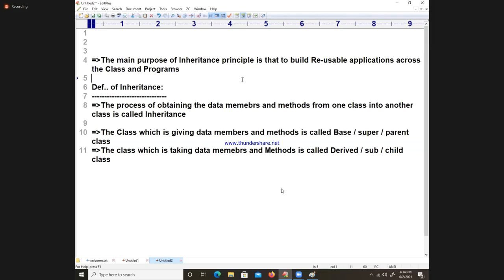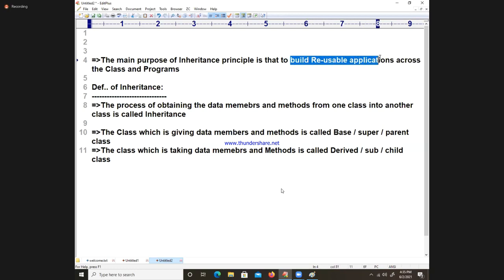What is the main purpose of inheritance? All of you, everybody, what is the main purpose of inheritance? Obtaining the reusability, building the reusability.